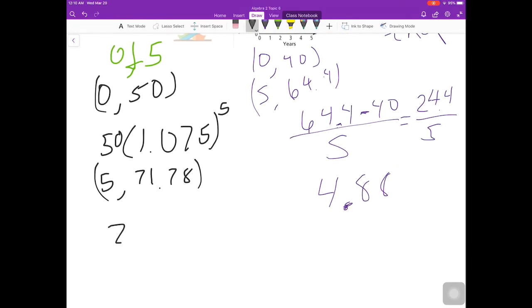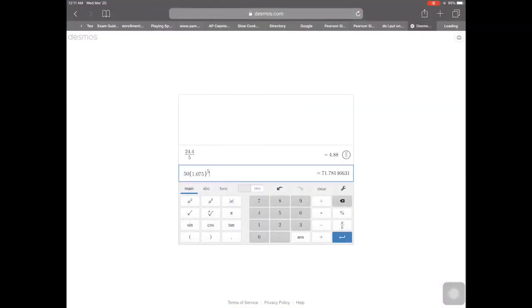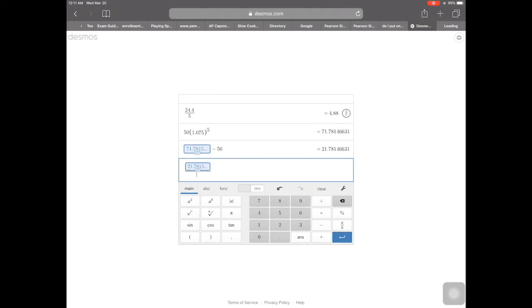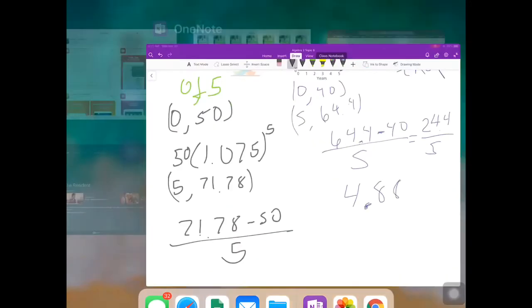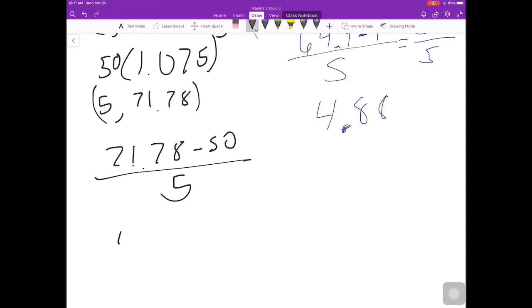So now our slope function is 71.78 minus 50 over 5. Now, look at this loveliness. We're going to take that, we're going to subtract 50, and then we're going to divide that by 5, and we get 4.36. So our slope for this one is 4.36.